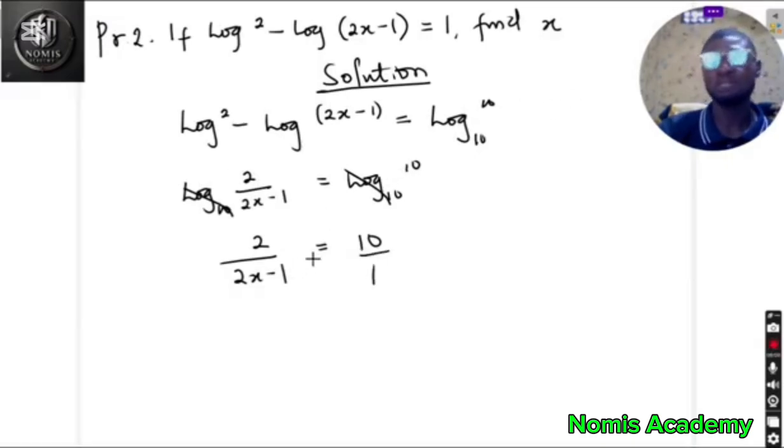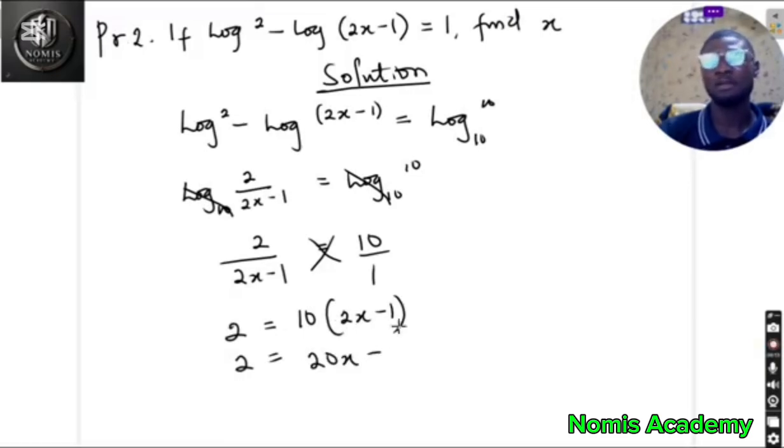We have this. So what we are going to do now is to cross multiply. When we cross multiply, we multiply the numerator by the denominator and the denominator by the numerator. So 2 times 1 is just 2 equals 10 multiplied by 2x minus 1. We open this bracket: 2 equals 20x minus 10.